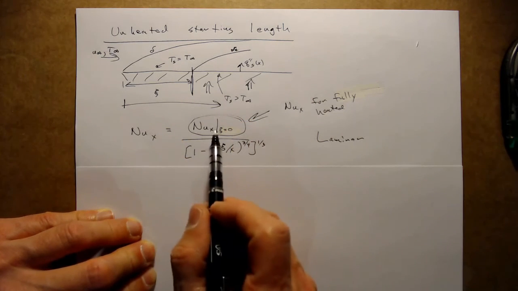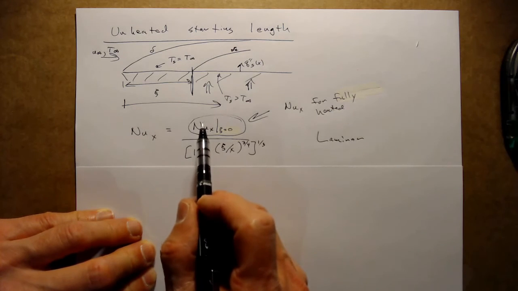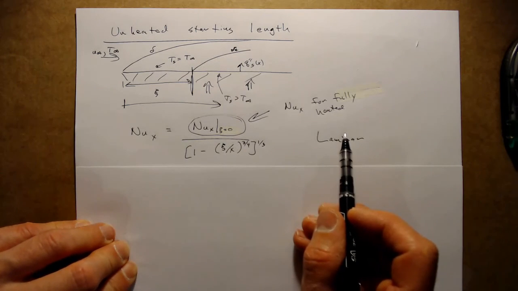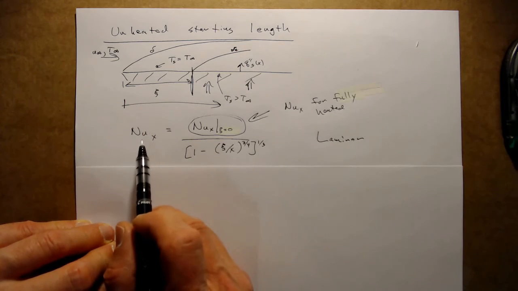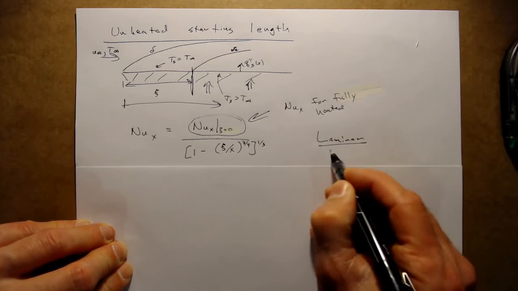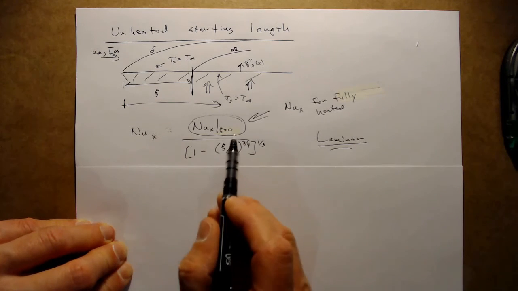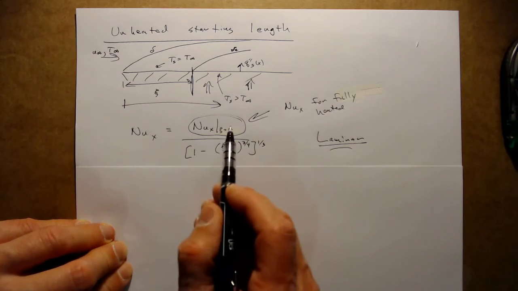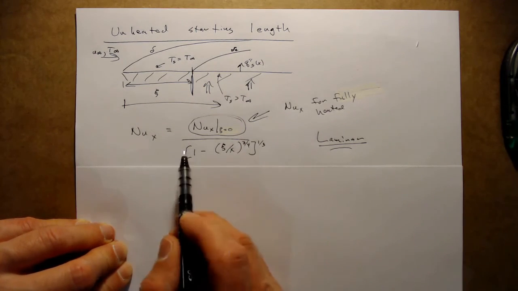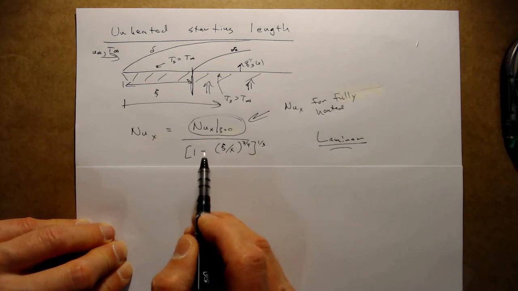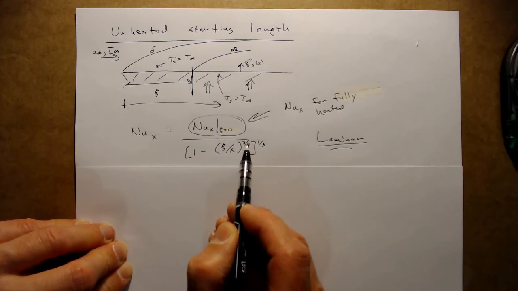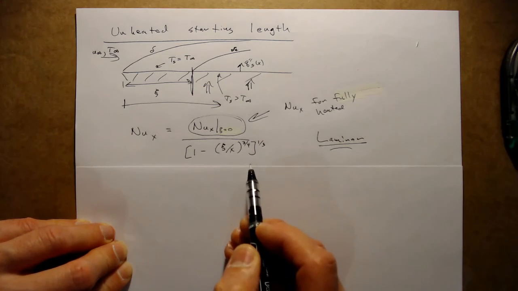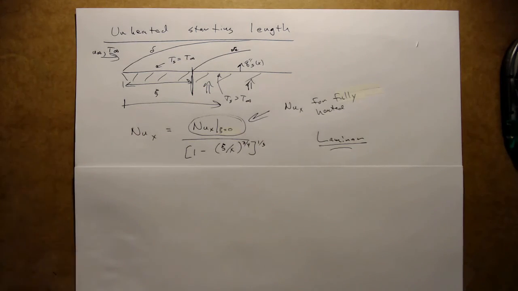So for the fully heated case, this is what we've solved before. We can modify that value to obtain a modified Nusselt number in the unheated case. And for the laminar regime, that modification is given by the fully heated case divided by the quantity 1 minus xi over x to the 3/4 power, that quantity raised to the 1/3 power.